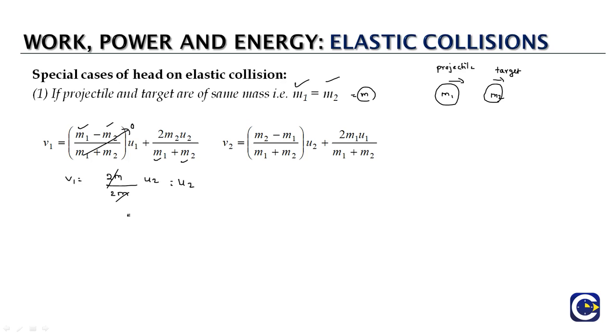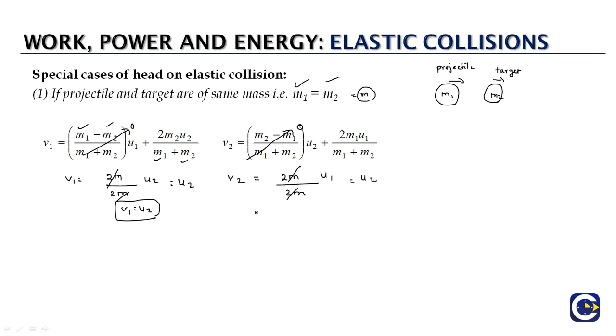So what we have is v1 is equal to u2, and in case of v2, since m1 is equal to m2, this term would become 0, and the second term again will be having 2 times m by denominator m1 plus m2, both equal to m, so 2m, into u1. So 2m will be cancelled.